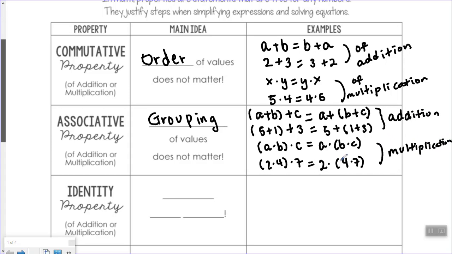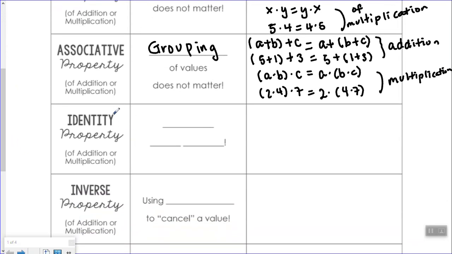Okay. Now identity property is that the first number or variable stays the same. Stays the same.